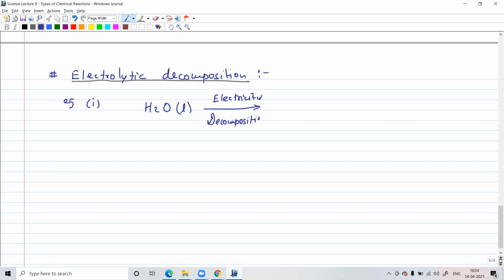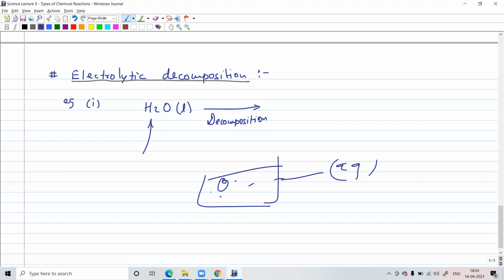Sir, we should represent the liquid with aq. See, when there is some different compound mixed with water, then you call it aqueous. Some other solid or any liquid or whatever, when it is mixed up in water, then you write it as aqueous.